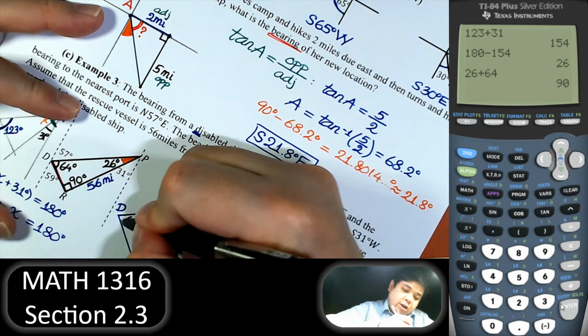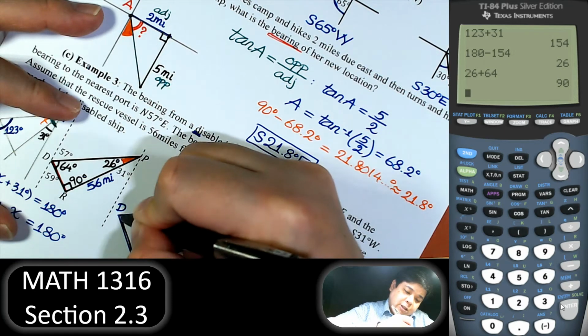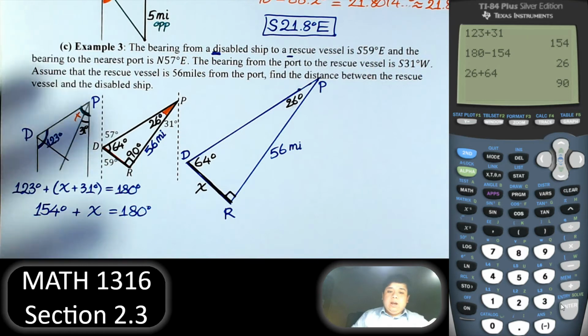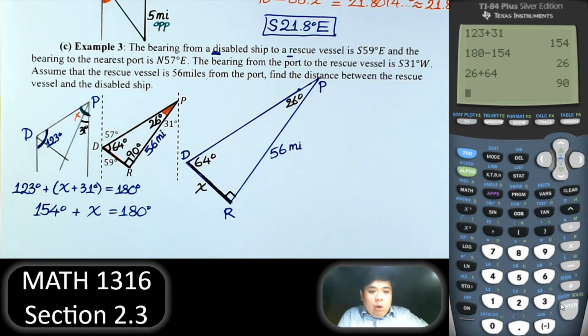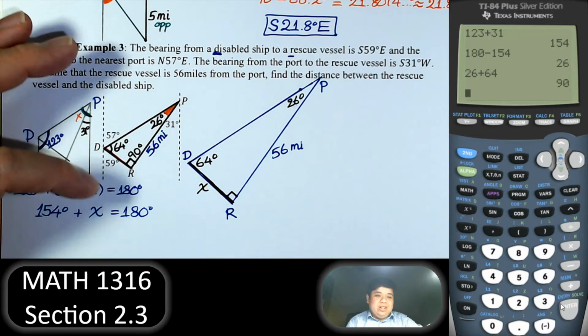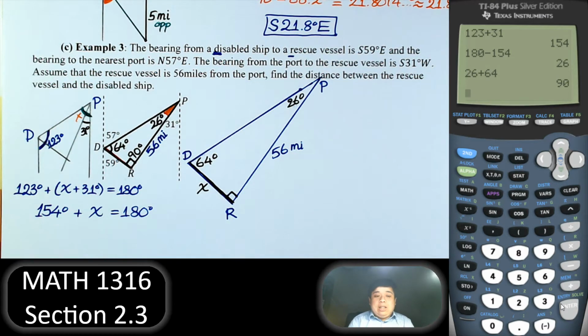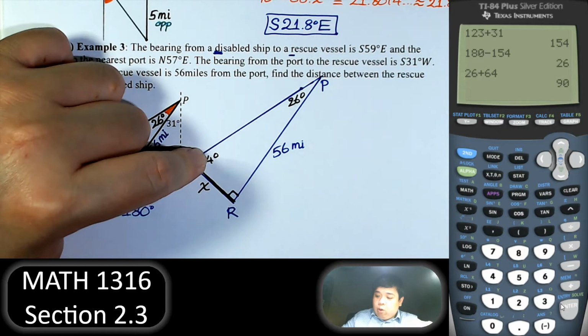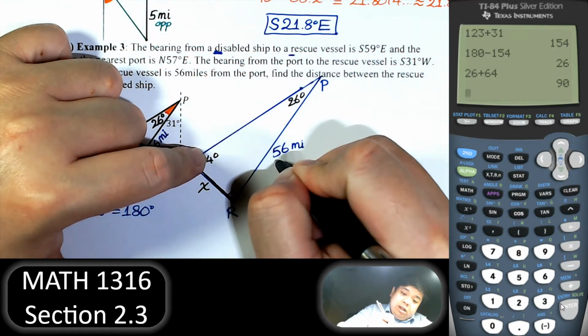Right, we're trying to find this here. Right, now we have a few options. We can use 26 and 64 degrees. By the way, in this problem, all of the angles, all of the information are calculated, so I have no choice of using the original numbers. Alright, so let's use 64 degrees then.